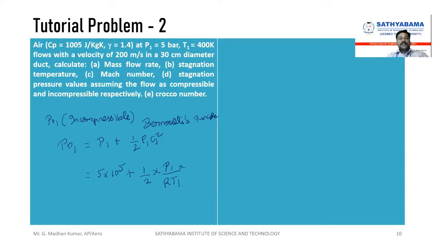So 5 into 10 to the power of 5 plus 1 by 2 into P1, which is 5 into 10 to the power of 5, divided by R, where R is 287.14, and T1 is given as 400, multiplied by C1 square. So C1 is 200 whole square. Now, what is the value of P naught 1?